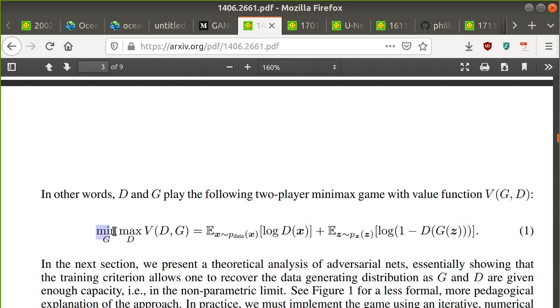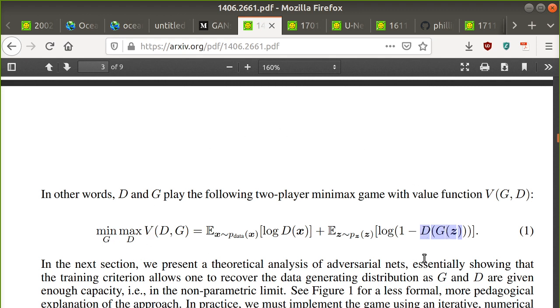So this is why we're trying to minimize this term with respect to G and maximize it with respect to D. So for the discriminator, it's trying to maximize this log, which means maximize what's inside, which is minimize this term. So basically the discriminator wants this term to go to 0.